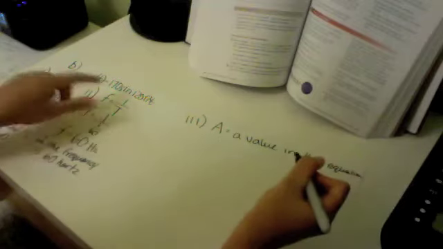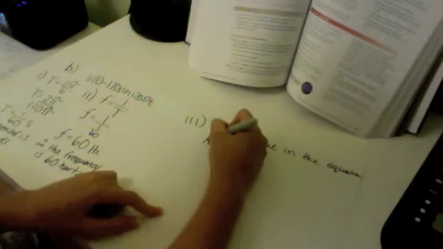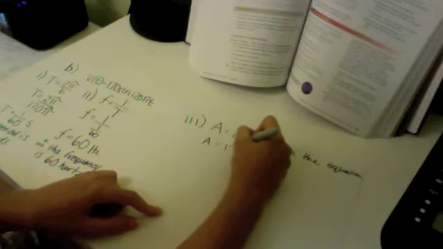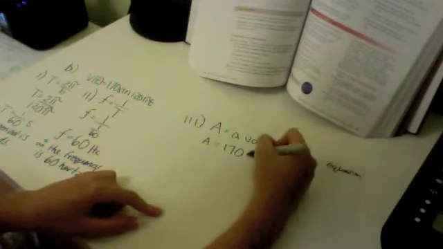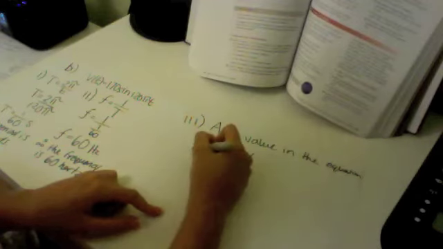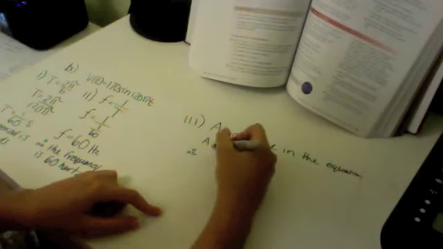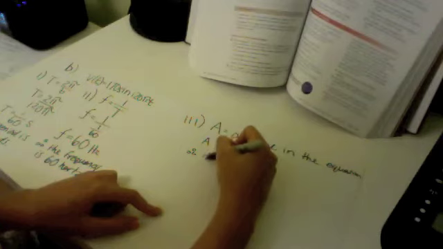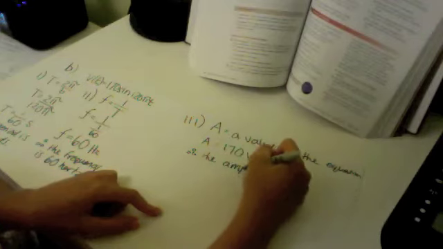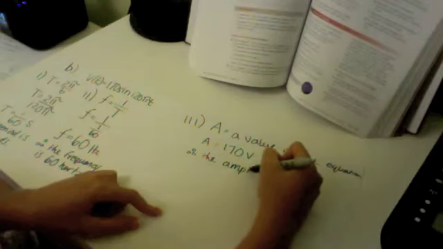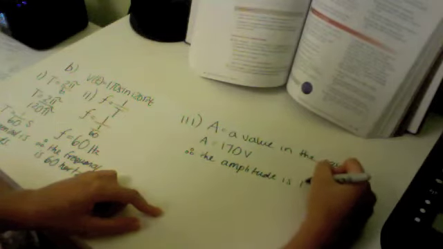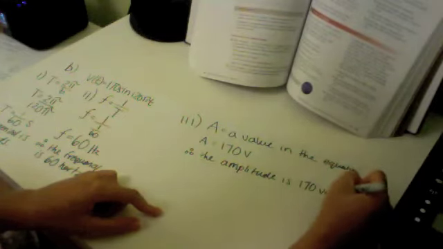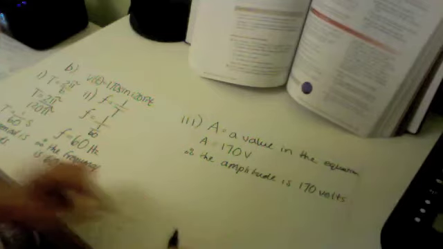So our A value is 170 in volts. So therefore the amplitude is 170 volts. Done. Question 2.